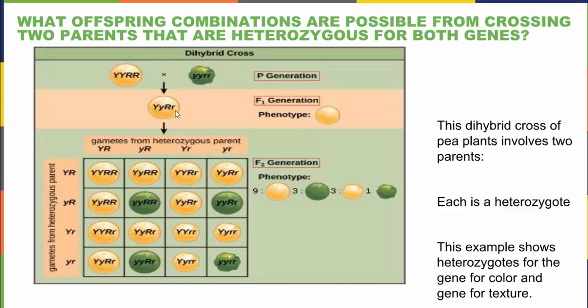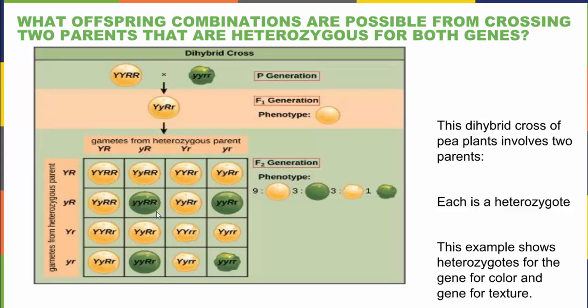The outcome are these offspring here, the F1s, which are heterozygous for the color gene, big Y, little y, and heterozygous for the texture gene, big R, little r. So the question up on top here in green is saying, if we cross the F1s with each other, heterozygote at one gene and heterozygote at the other gene, what outcomes do we get?